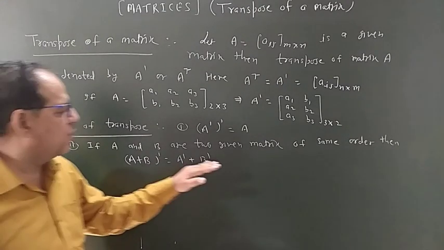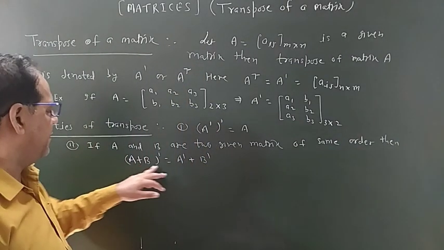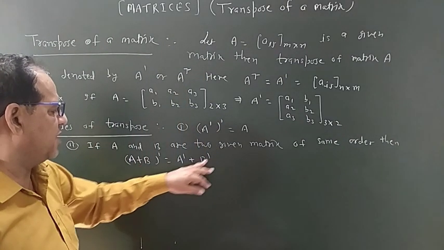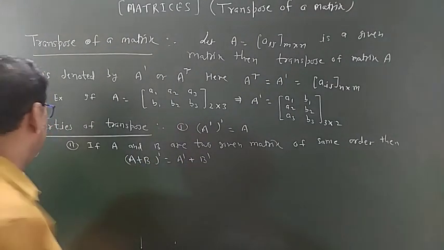If A and B are two given matrices of same order, then the transpose of A plus B is equal to the transpose of A plus transpose of B. This property is the same as for a minus sign.